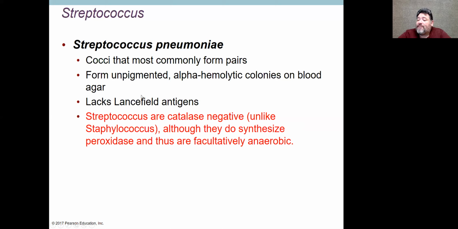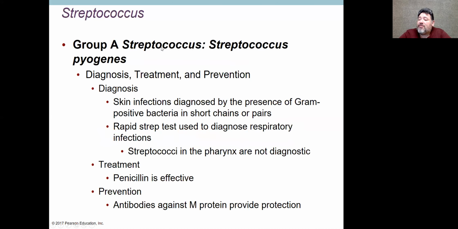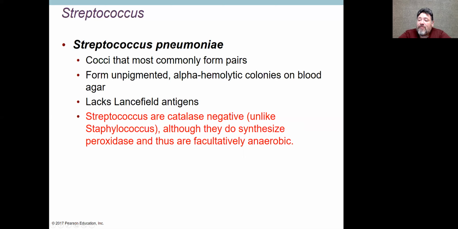What else do we need to know? Well, we've been dealing with Streptococcus pyogenes. Now we're moving to Streptococcus pneumoniae. So pneumoniae, again, is diplos or chains. They're cocci. And they have attachment proteins specifically for the lungs and the bronchioles. Okay.